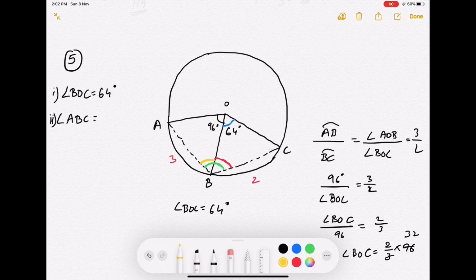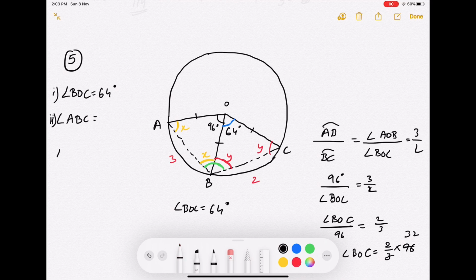Let's take this as X and this as Y. Now again I can use properties of isosceles triangles, and since AO, OB and OC are radii of the same circle, these are of equal lengths. So in triangle AOB, these are the equal sides AO and OB, so the angles opposite to them also have to be equal. And similarly for triangle OBC, that other angle has to be Y.